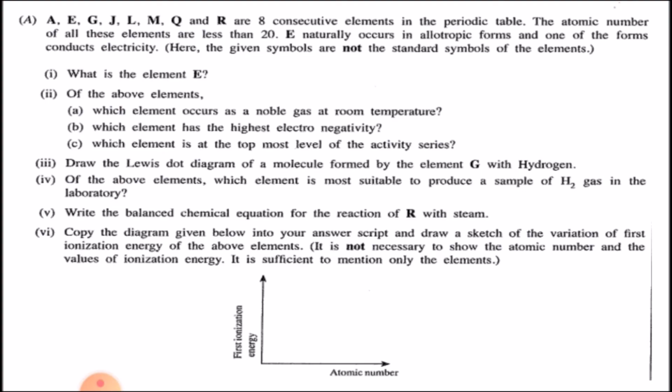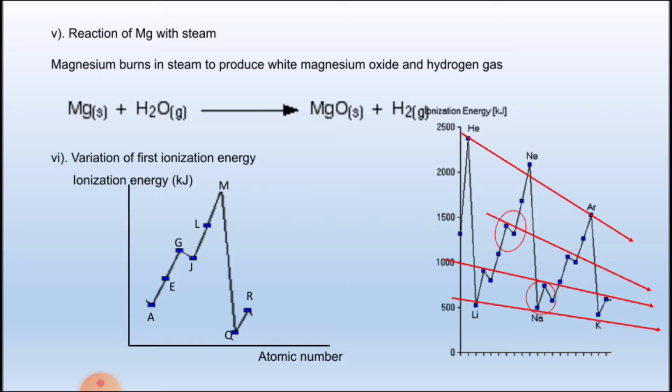Okay, question number 6. Copy the diagram and sketch the variation of first ionization energy for the above elements. Ionization energy is simply the minimum amount of energy required for an atom in the gaseous state to remove the outermost electron to make a gaseous 1 plus ion.